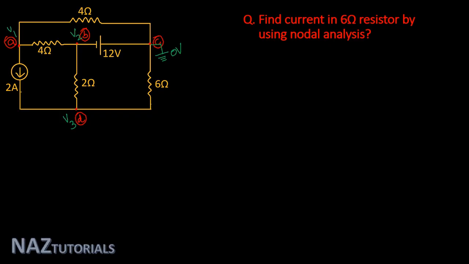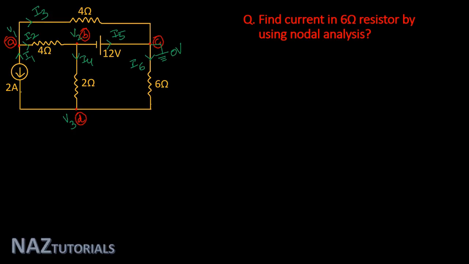Now define branch currents. At node 1 or node A, branch currents are I1, I2, and I3. At node B, branch currents are I2, I4, and I5. At node C, I3 and I5 are defined, and our branch currents are I6, I4, I5, and I3.